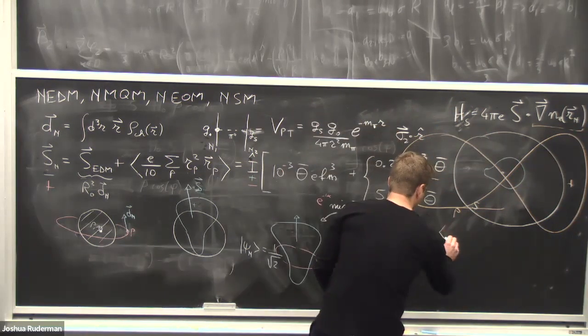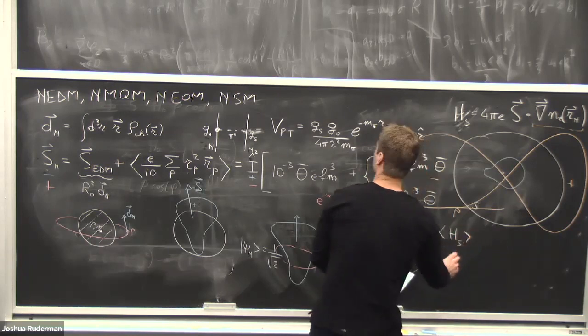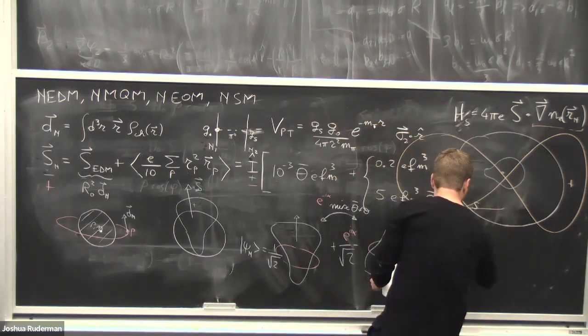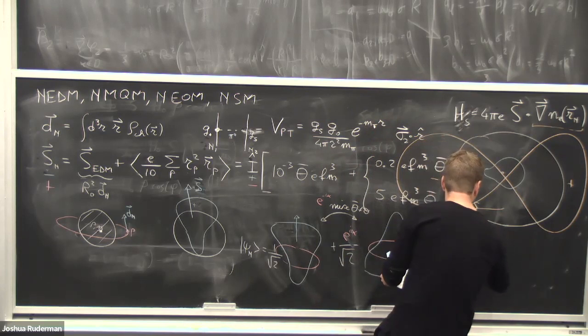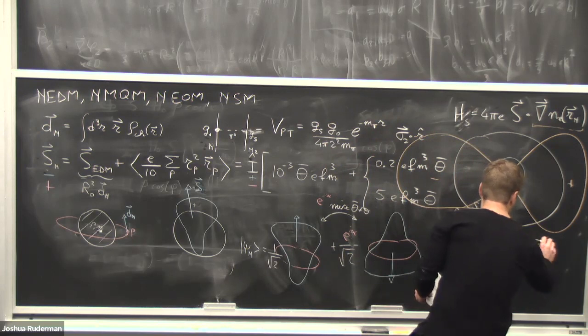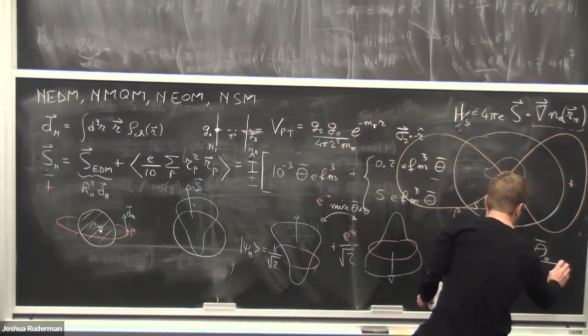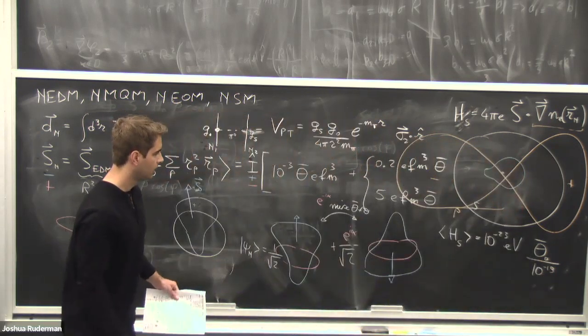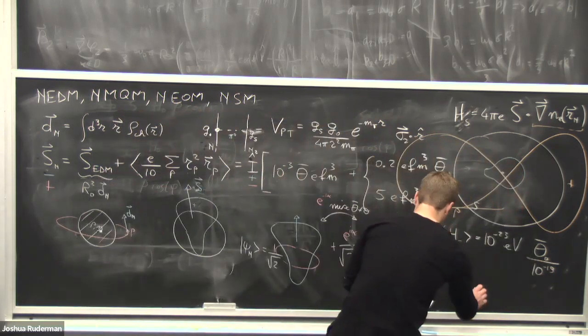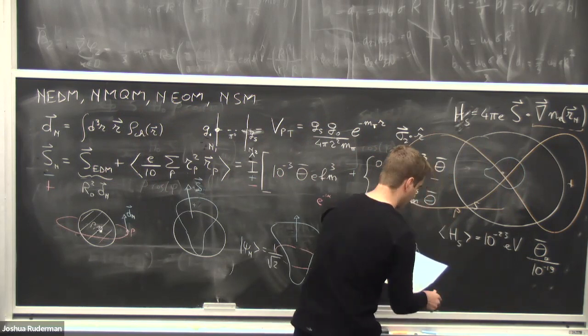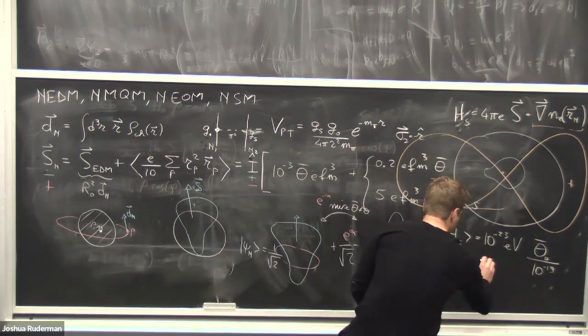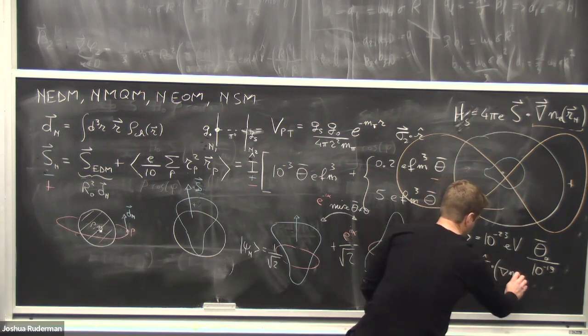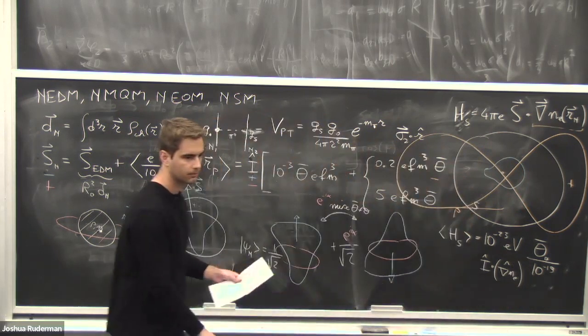The expectation value of this operator, which is all of the physics that I wanted to say, is 10 to the minus 23 electron volts if the axion oscillates with this amplitude of 10 to the minus 19, for the biggest nuclei. And it's proportional to the spin dotted with the unit vector pointing along the gradient of the electron density.